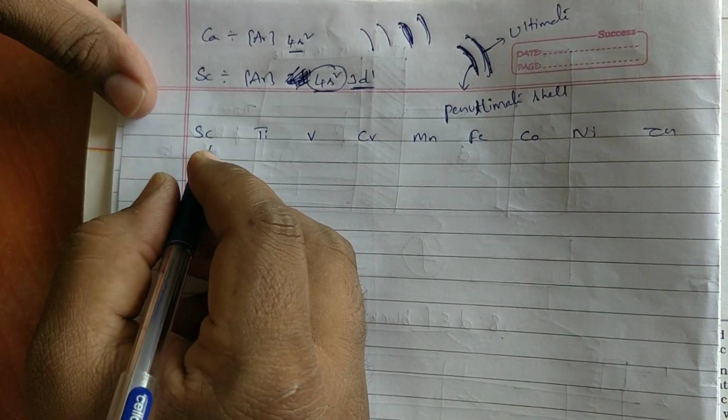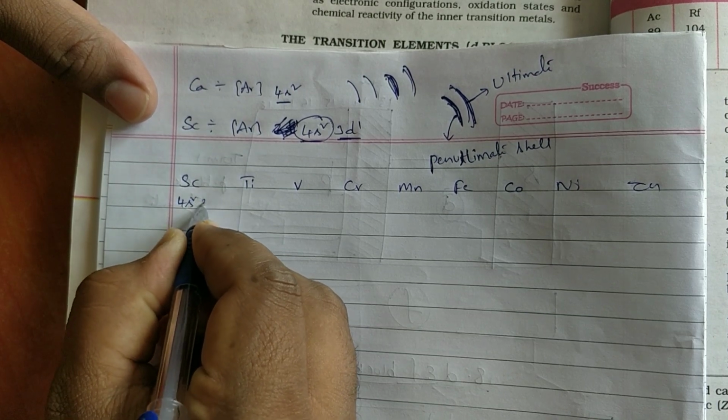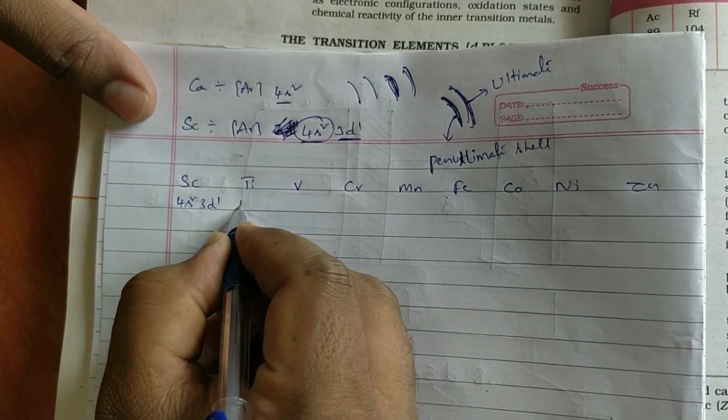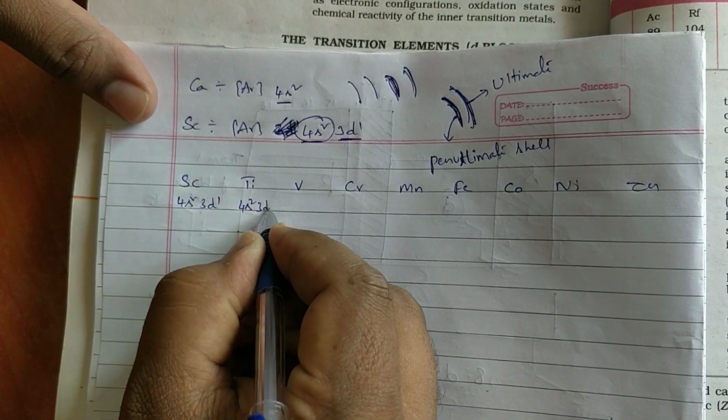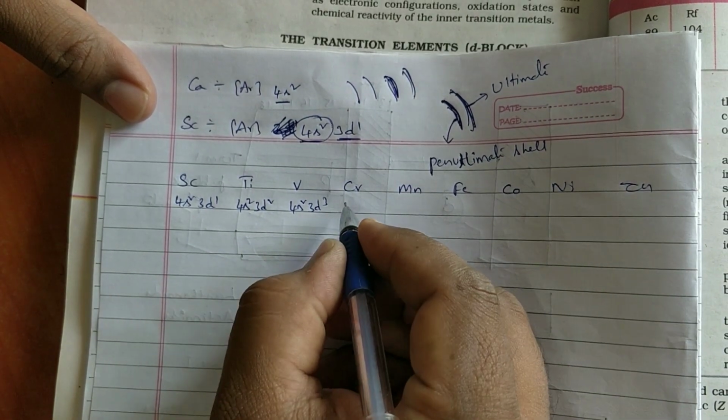Scandium configuration is 4s2 3d1, titanium 4s2 3d2, vanadium 4s2 3d3.